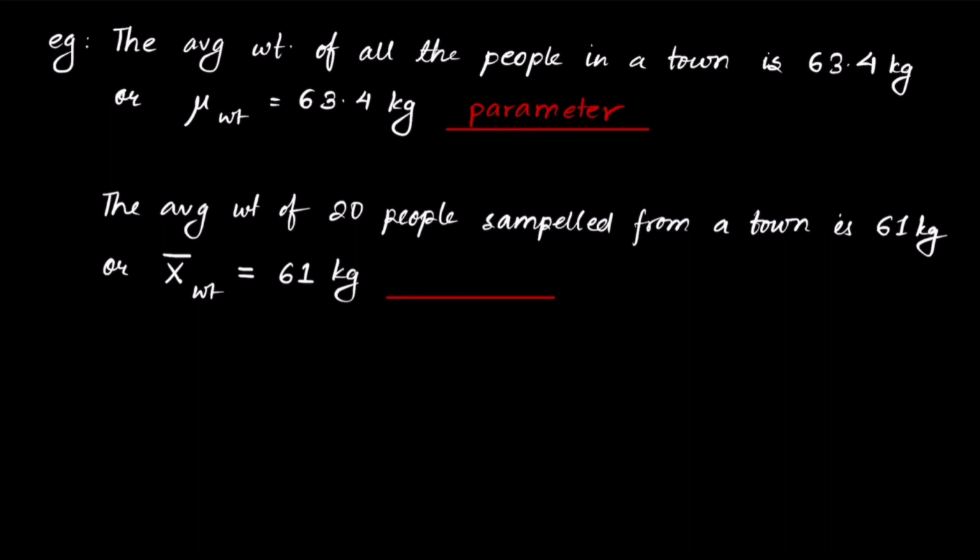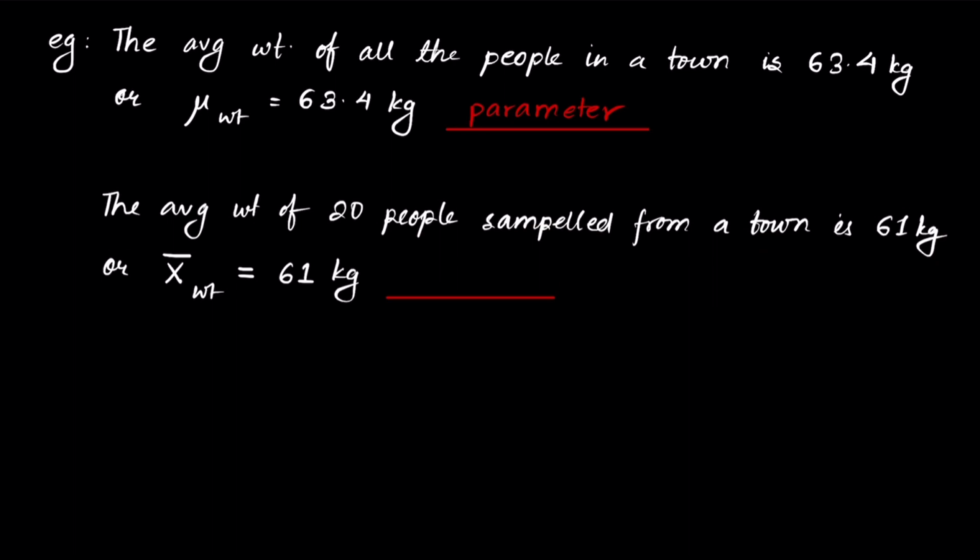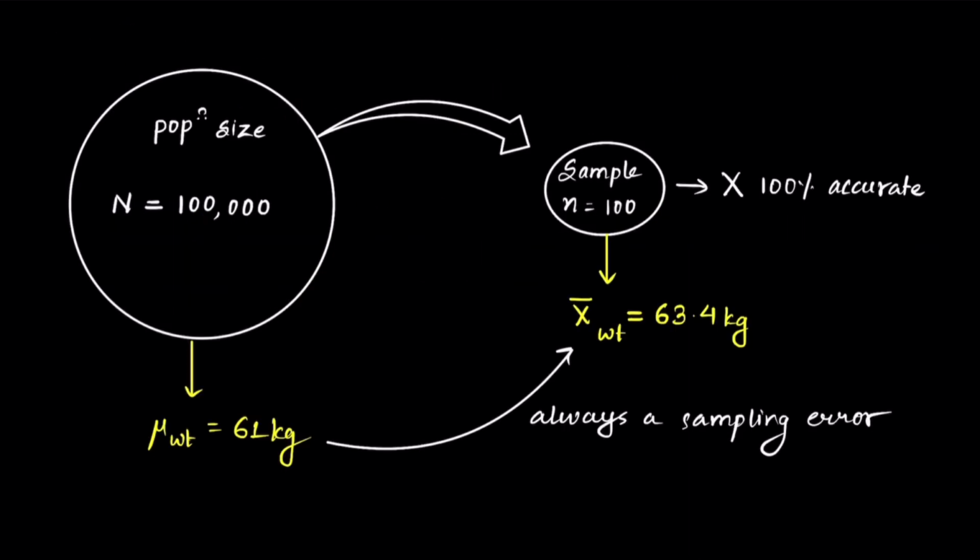On the other hand, the average weight of 20 people sampled from a town is 61 kg. So basically, the mean weight of the sample is 61 kg. This right here is your statistic because it only deals with a small sample taken from the population.